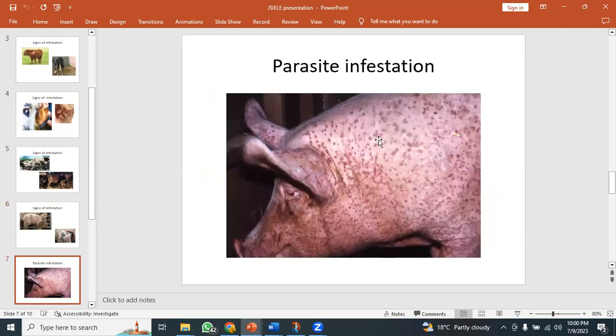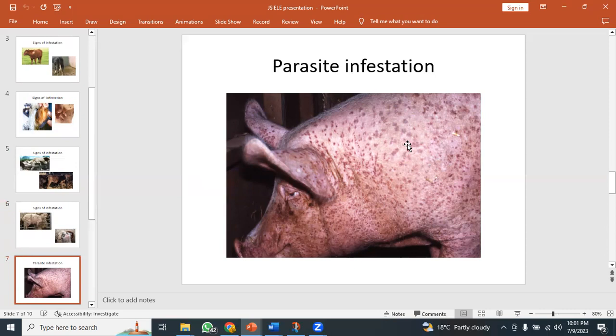We can now see which animal is that? Is it a pig? Yes, it's a pig. Thank you. What's wrong with the skin? Can see a lot of dots on the skin.